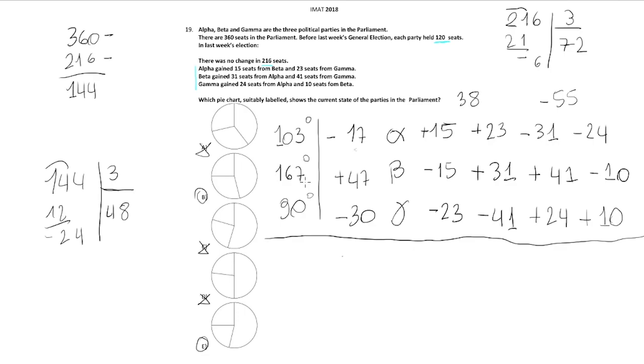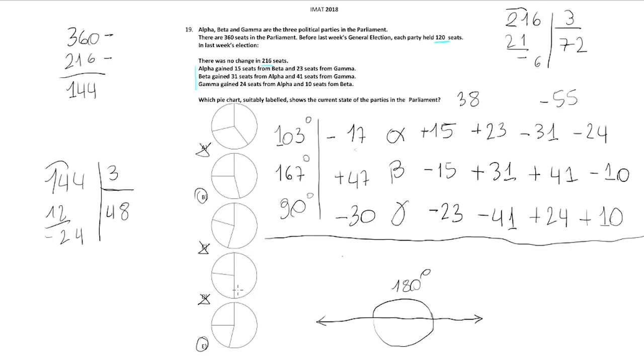We can see that we have 167 degrees. If we think about an angle of 180 degrees, a flat angle, we see that it represents half of the total circle.